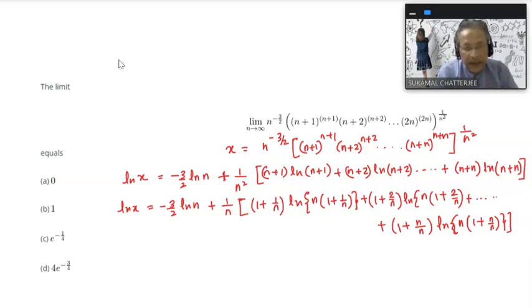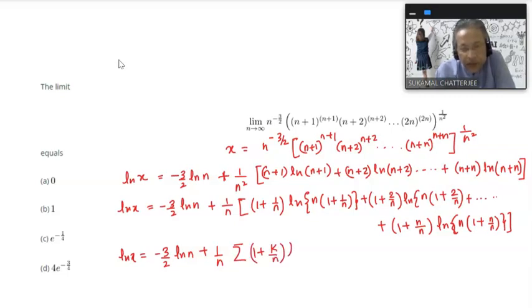This can be written as a summation: ln x equals minus 3 by 2 ln n plus 1 upon n times the summation of 1 plus k upon n into ln of n into 1 plus k upon n, where k goes from 1 to n.